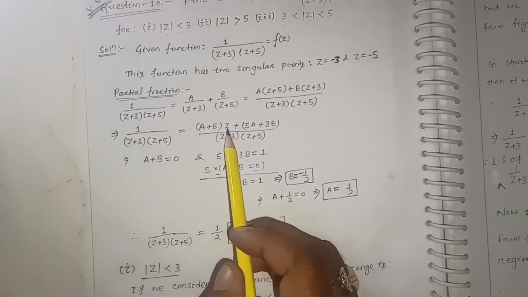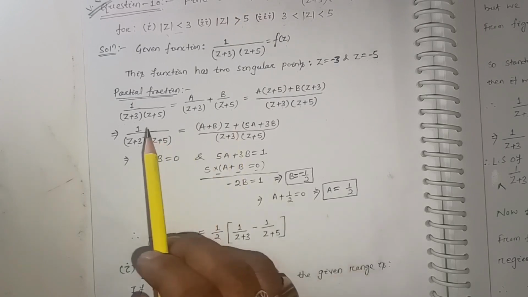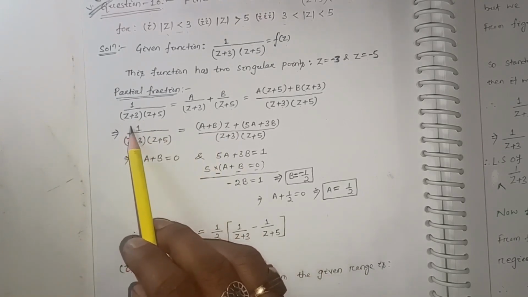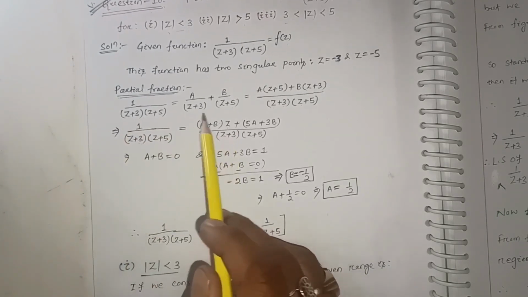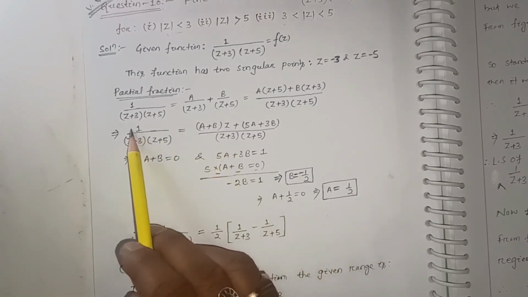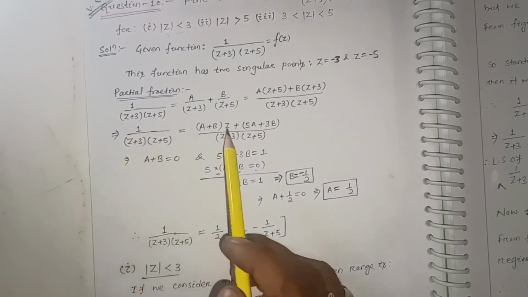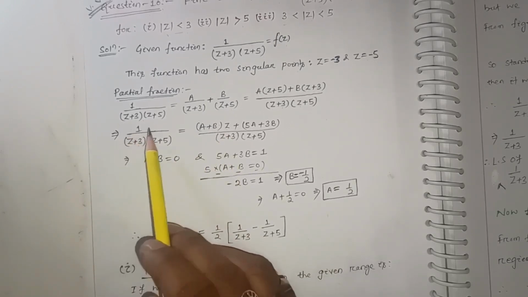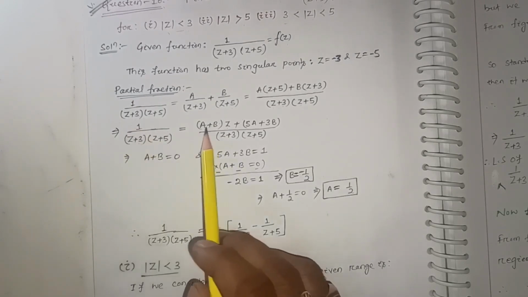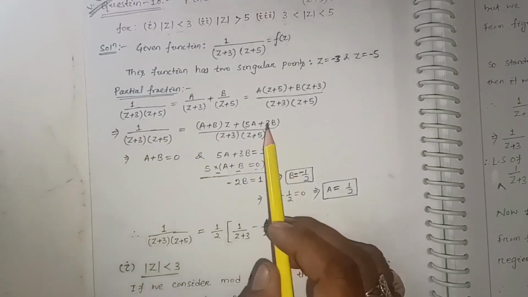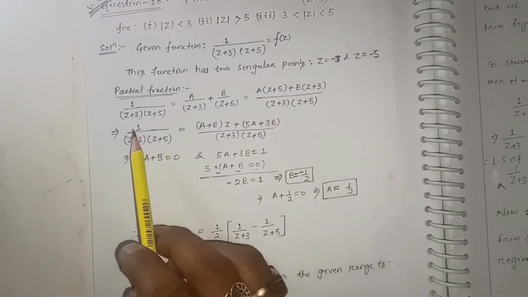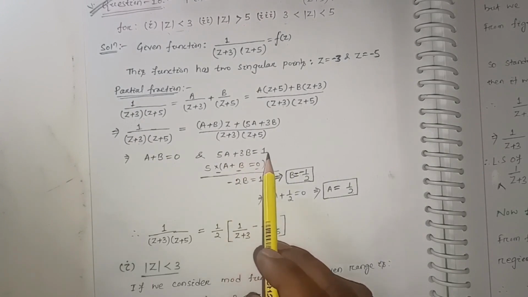For z to the power 1, the coefficient on the right hand side is A+B, but in the left hand side there is no z term, so A+B = 0. And 5A+3B is the constant term. The constant term on the left is 1, so 5A+3B = 1.